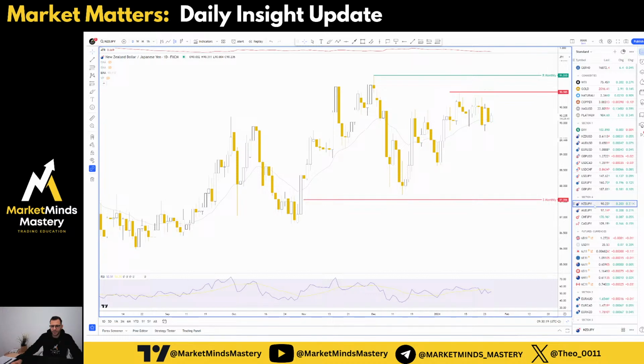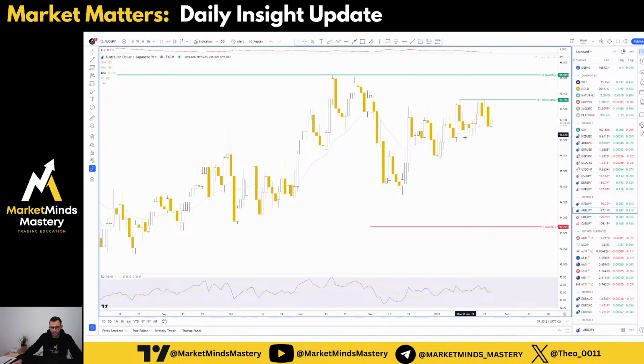New Zealand Japanese yen as well as the Australian dollar Japanese yen are very messy. There are no clear swings in the market. The price is just drifting sideways. You definitely want to see price move in this way: clear higher highs and higher lows, candle to candle, clear lower highs and lower lows, candle to candle, guys.